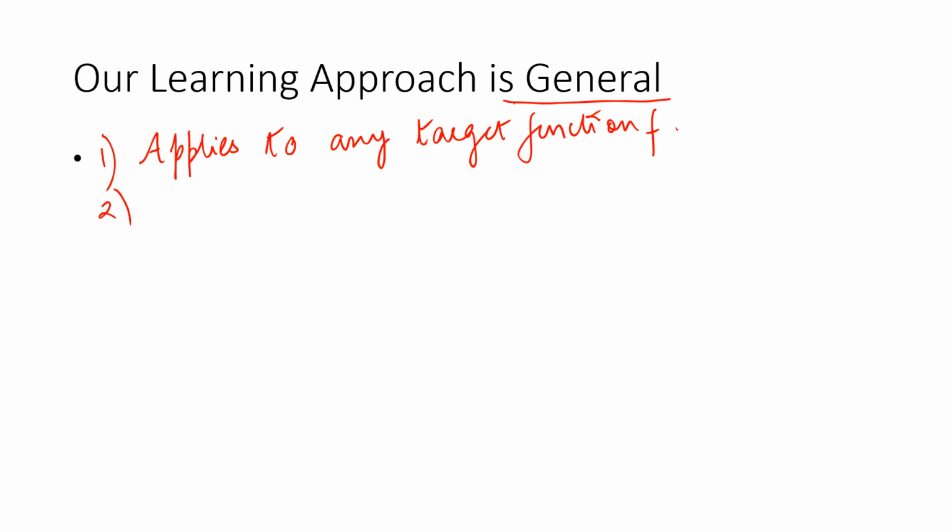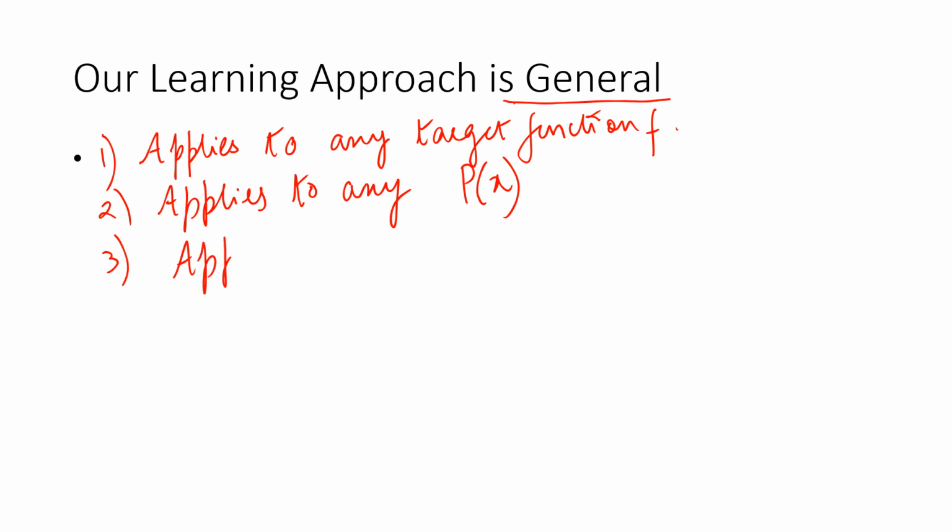The second point is that it applies to any probability distribution function. As I said, my data has to come from a certain probability distribution function. There is no restriction on what it's going to be. So it applies to any P of X. And this approach also applies to any hypothesis set H. That's even better.